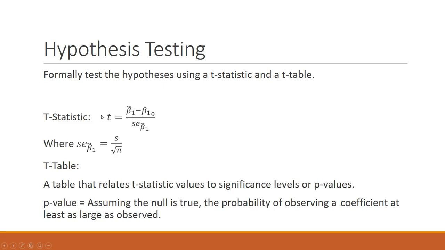Then we test that using a t-statistic, where you take the beta 1 hat that you observe, minus your null hypothesis value of beta 1, which is 0, divided by the standard error of beta 1 hat. The standard error is the standard deviation divided by the square root of n. So that's just a reminder.